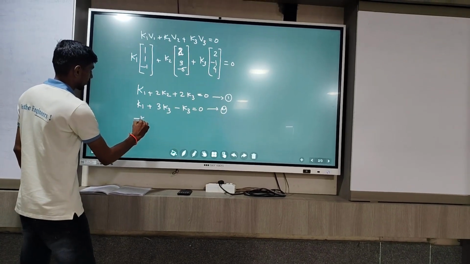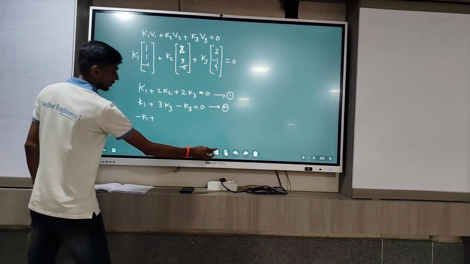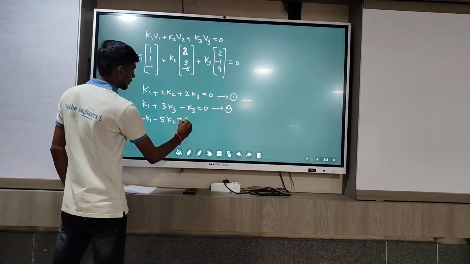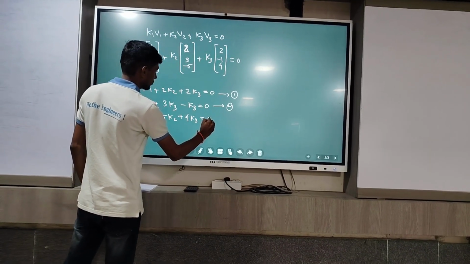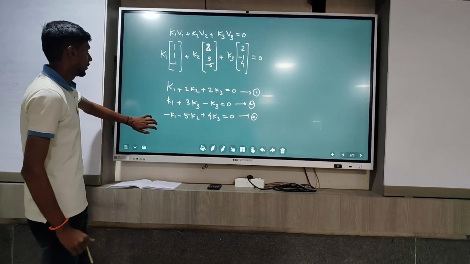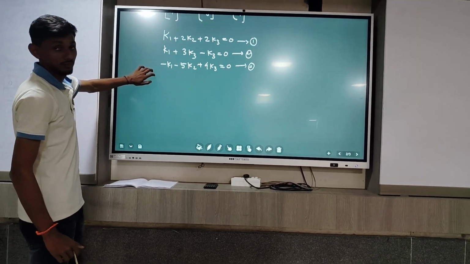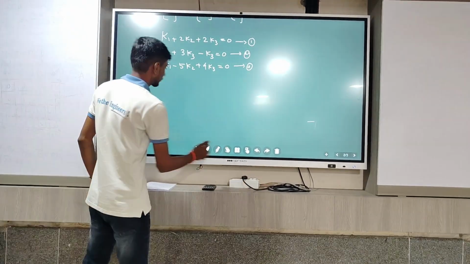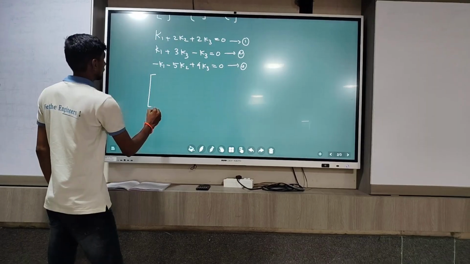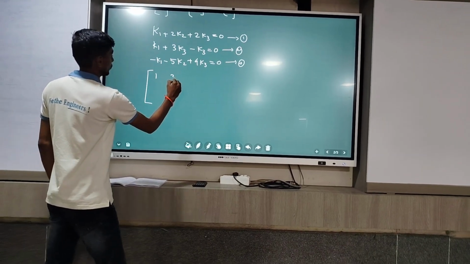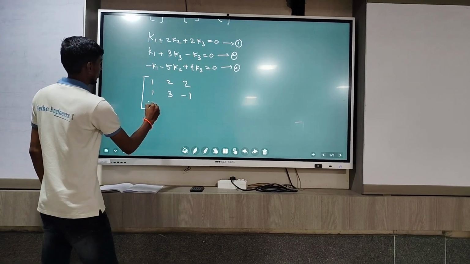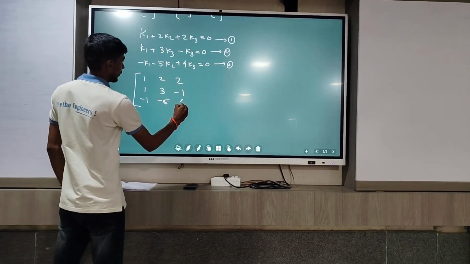Now minus k1 minus 5k2 plus 4k3 is equal to 0, equation number 3. Now we write the matrix form of the equation: 1, 2, 2, 1, 3, minus 1, minus 1, minus 5 and 4.